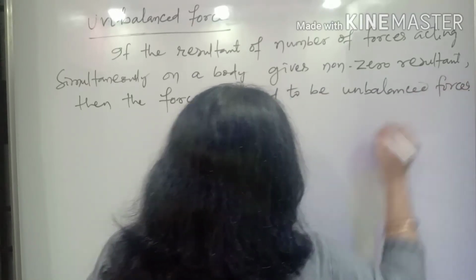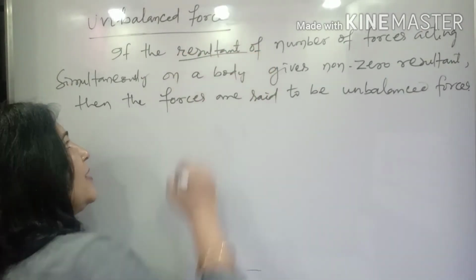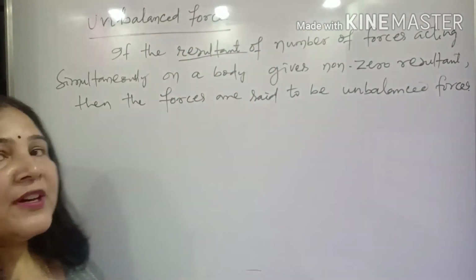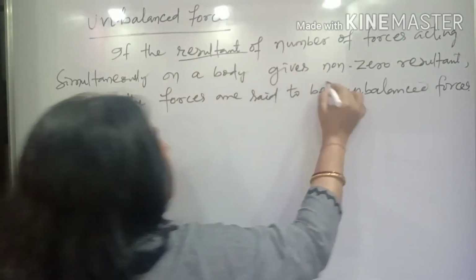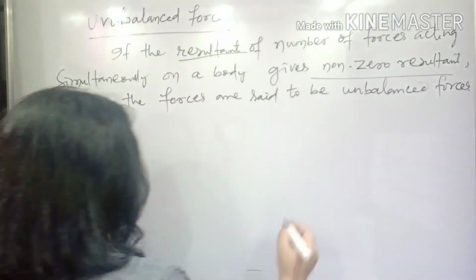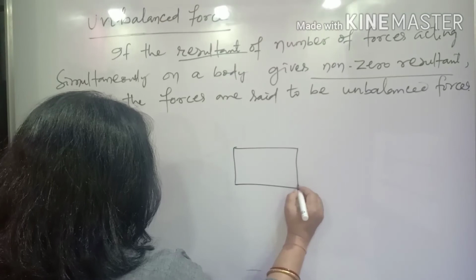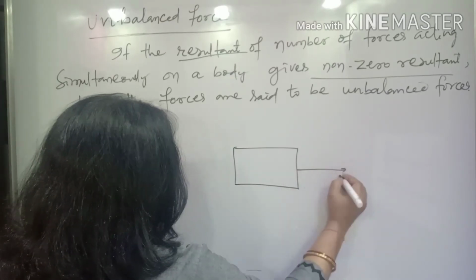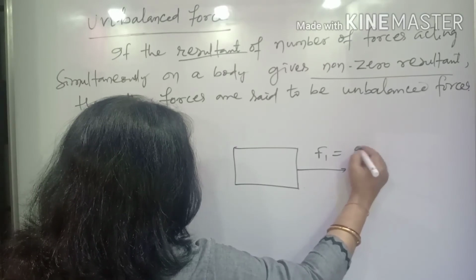Unbalanced forces, right? What I said here is important: if the resultant of a number of forces acting on a body gives a non-zero resultant. Now let's take an example. This is a body. Let's suppose the force acting on this side is F1 and its magnitude is 20 Newton.